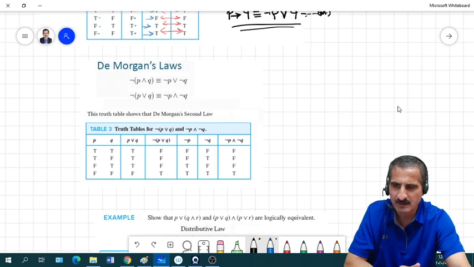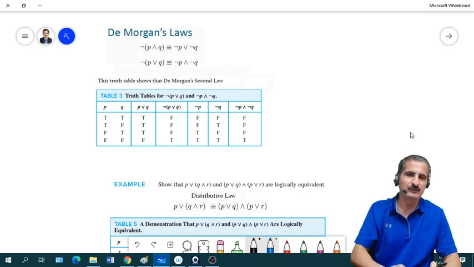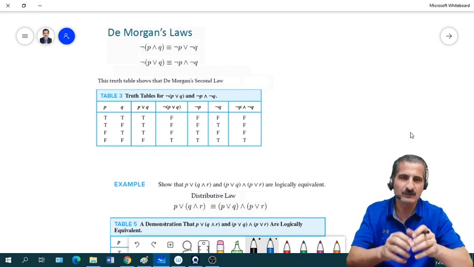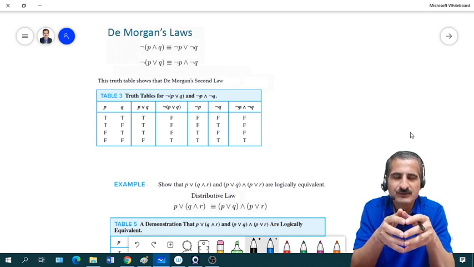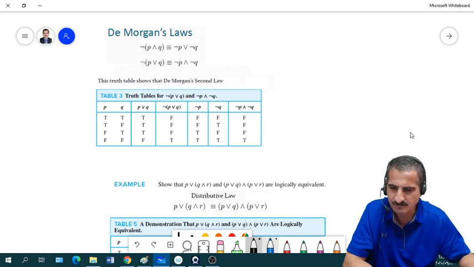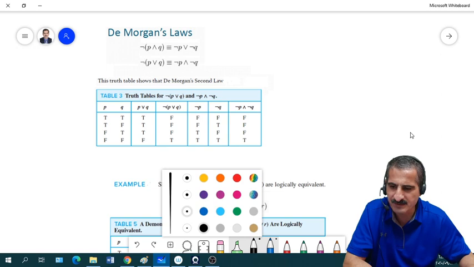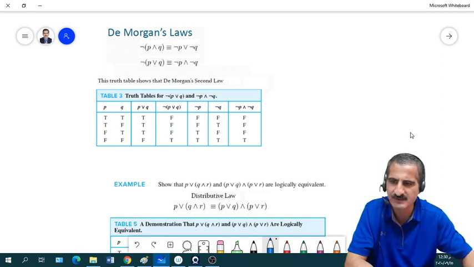Now, how do we decide in general whether two propositions are equivalent? We use truth tables or we use some laws. One of the very helpful laws to do so are the De Morgan laws. De Morgan laws are simple and very helpful. Notice what the first De Morgan law says.